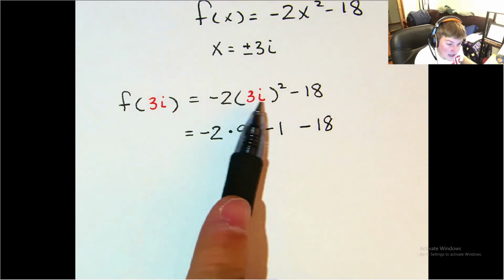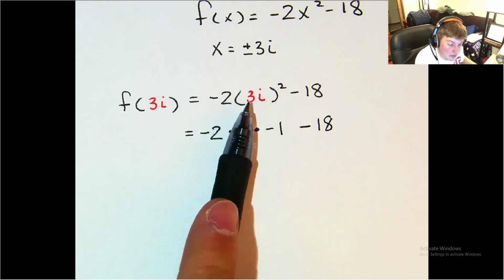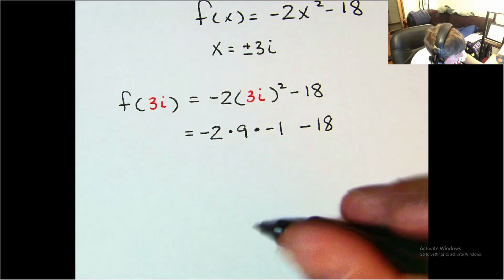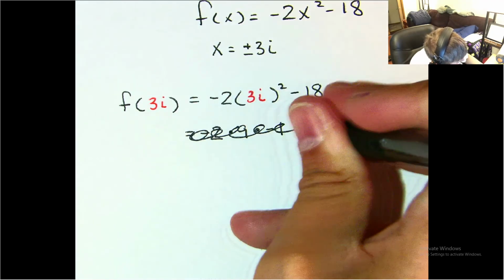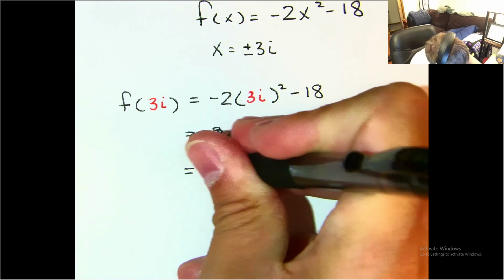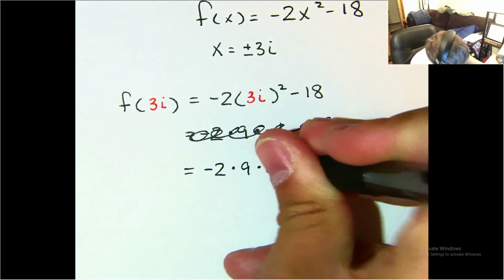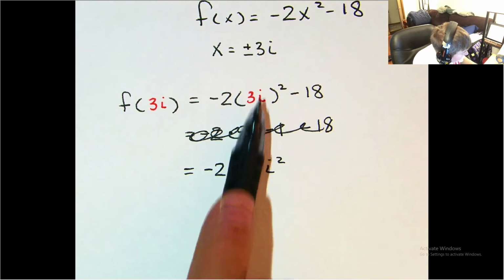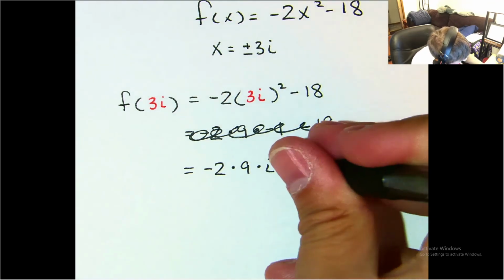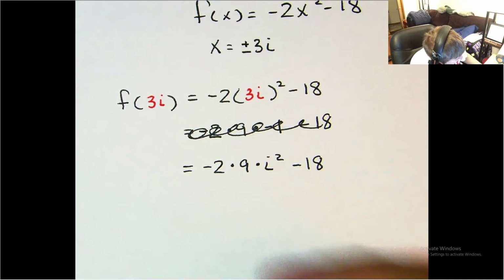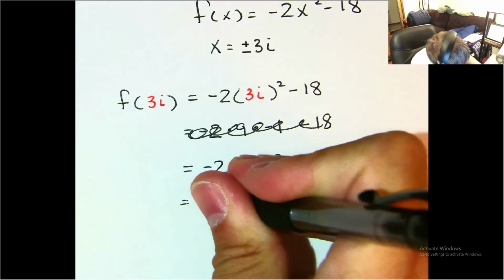Technically there is a little intermediate step here, so let's go ahead and write that. Negative 2 times 9 times i squared, right? 3 squared is 9, i squared is i squared. But we know i squared is negative 1.